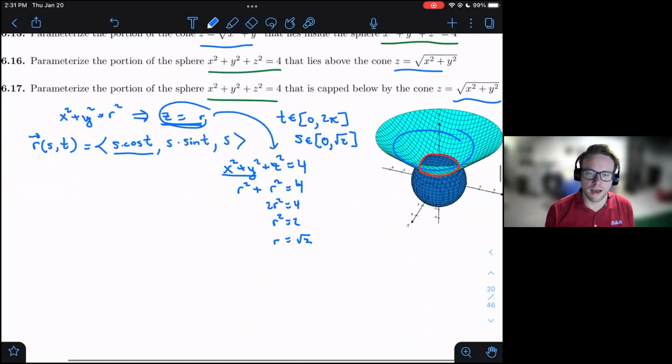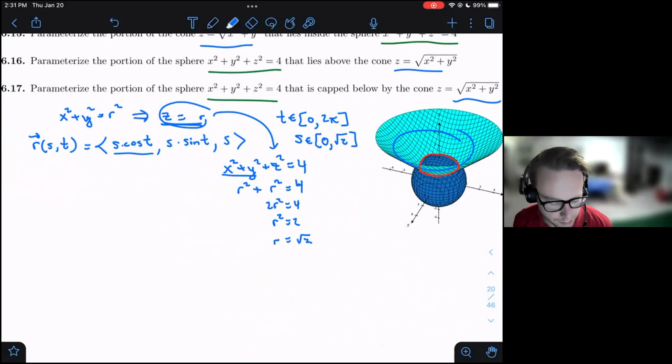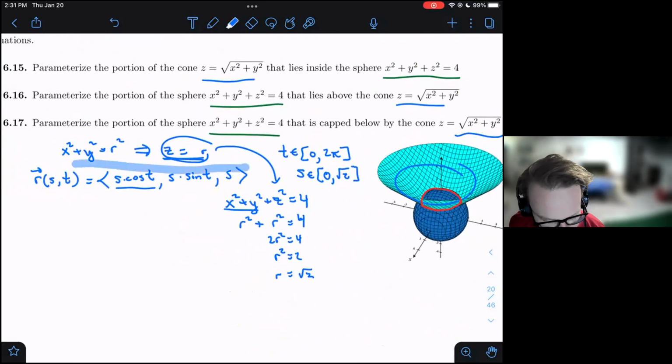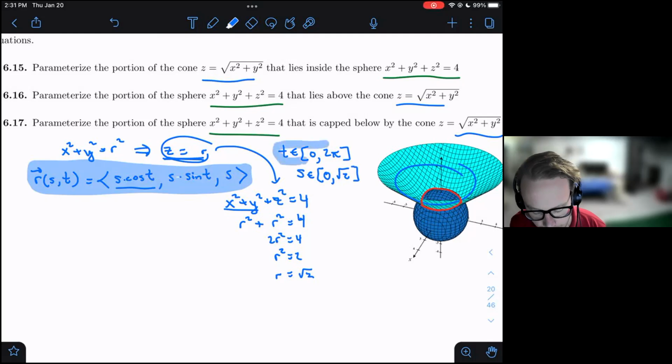And so with this, this is the full parameterization for the piece of this cone that is inside of the sphere. So there's the two parts. There's the actual equation here, and then there's the restriction on the variables. And you need both of them in order to get just the piece that we want.